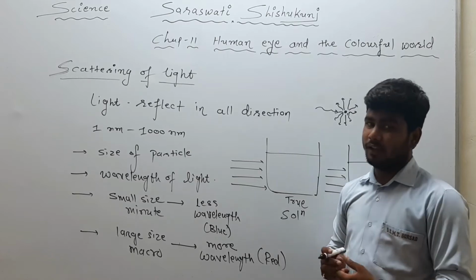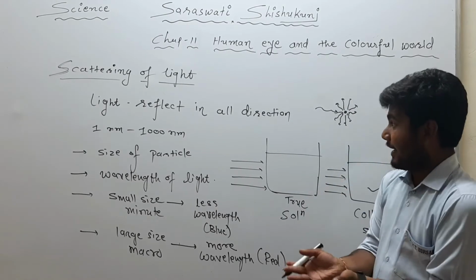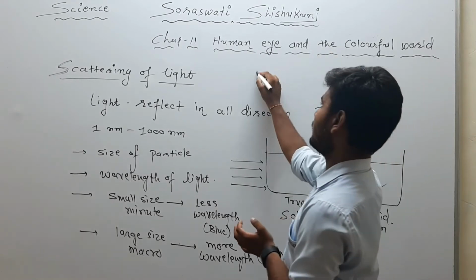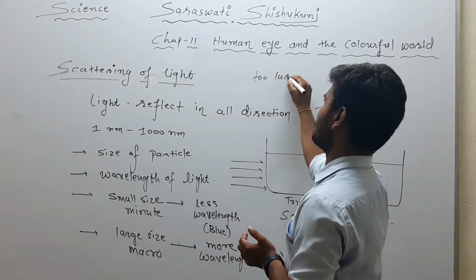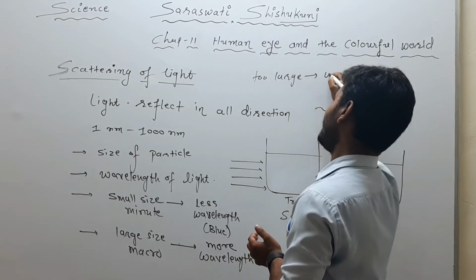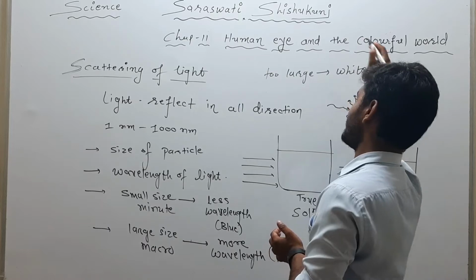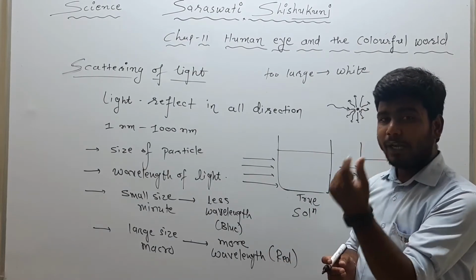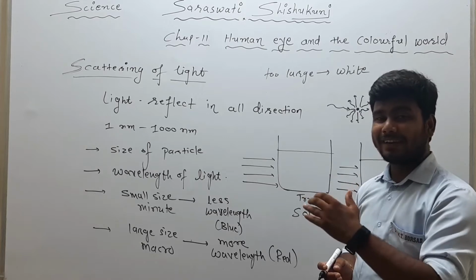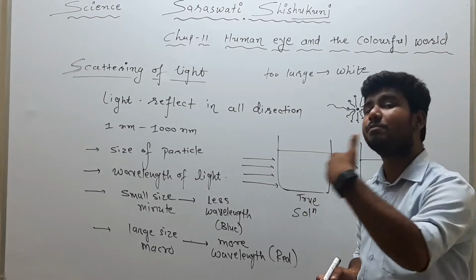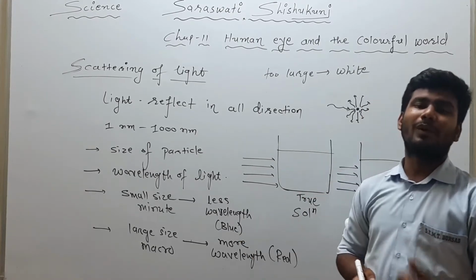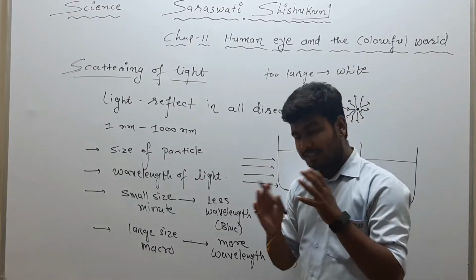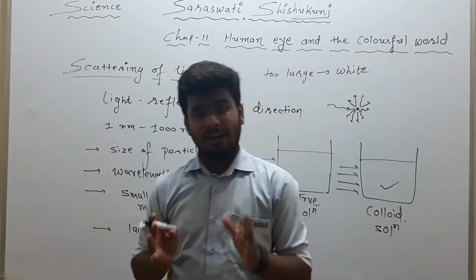And if the particle is too large, it can also scatter white light. For your information, blue light scatters 10 times more in comparison to red light. Okay, so this is the concept of scattering of light.